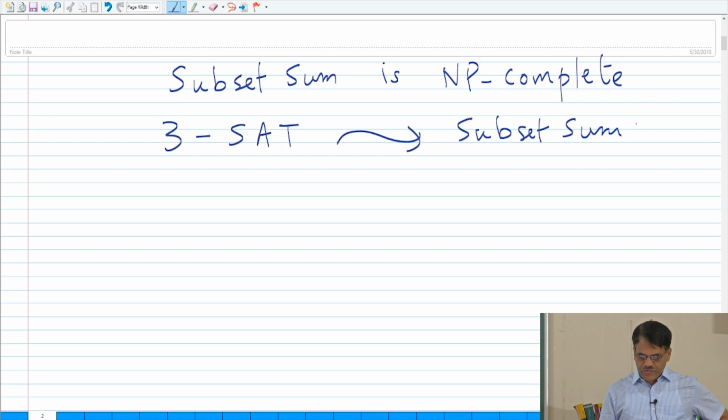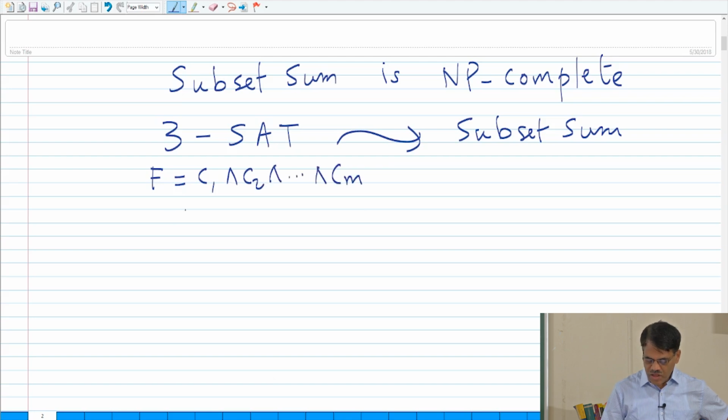So, what is the input to the 3-SAT problem? You are given a formula which is a conjunction of clauses. So, there are m clauses and there are n variables x1, x2, ..., xn.